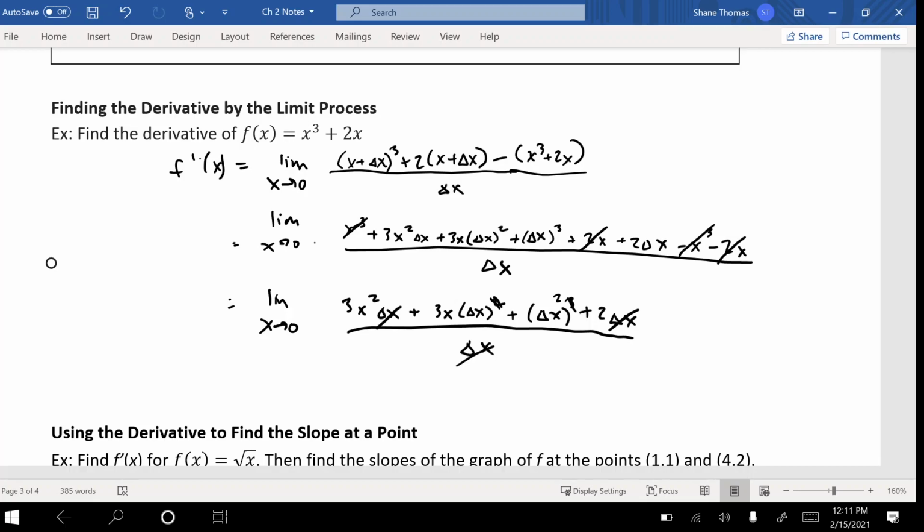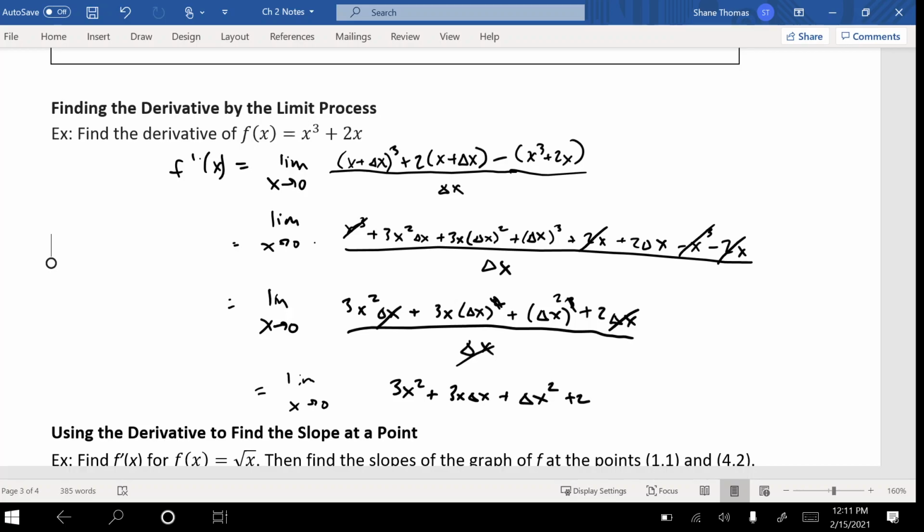Yeah? All right. So then that leaves me with the limit as x approaches 0 of 3x squared plus 3x delta x plus delta x squared plus 2.